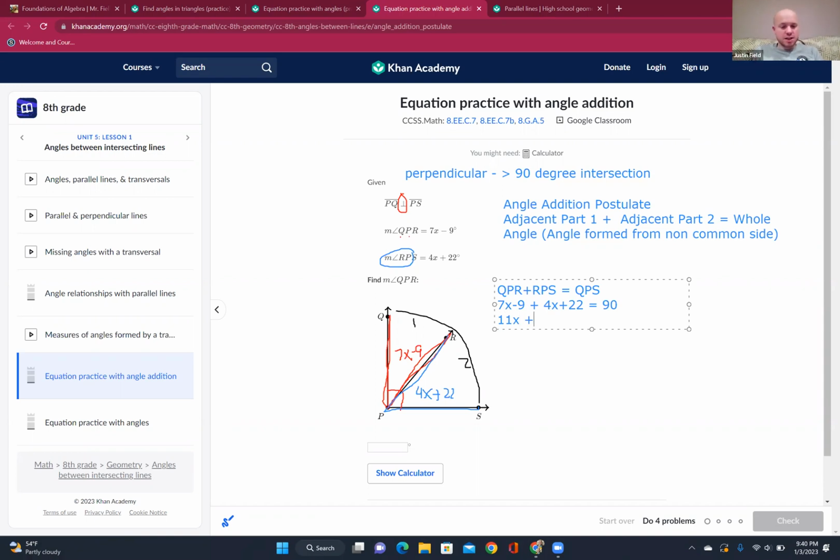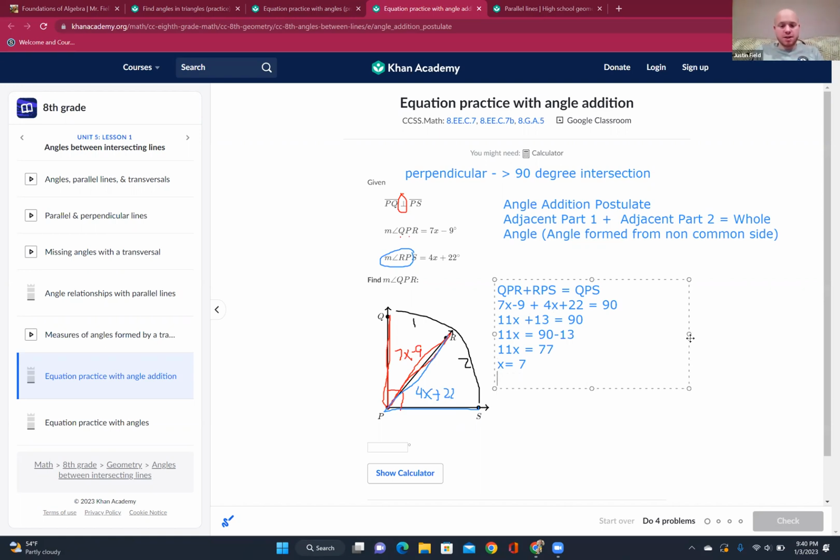22 minus 9 is 13. It was 90. Put that 13 on the other side. What is 90 minus 13? It is 77. That's good. 77. Which makes x, what does that make x? It makes x 7, right? But we don't want to know x, we want to know QPR. It says find QPR.